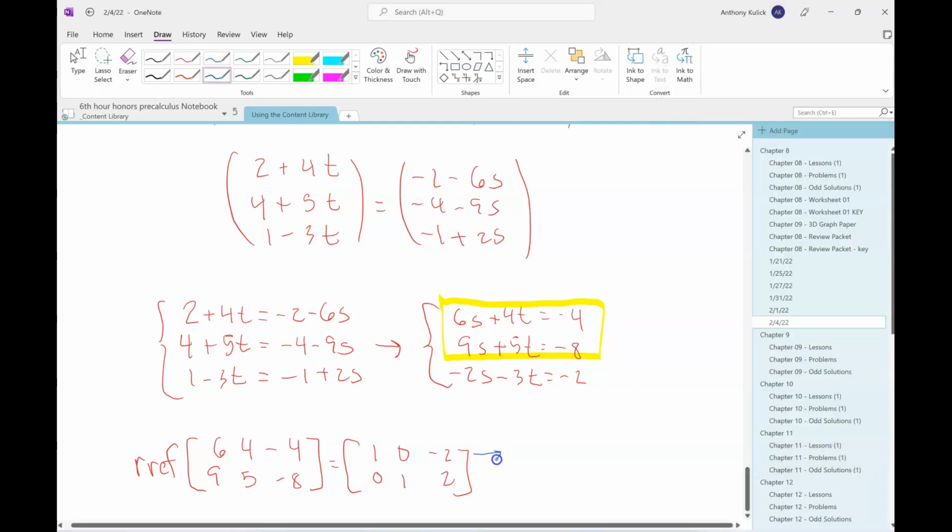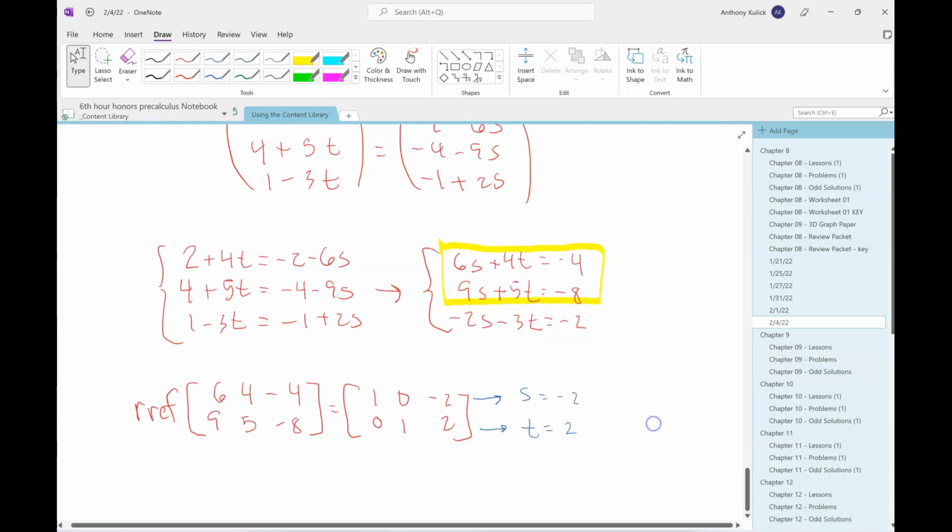The takeaway here is that S is equal to -2 and T is equal to 2. I know that this is the S column because we put the S coefficients in the first column. This is the T column because we put the T coefficients in that column. Everybody's okay with how we're reading that?